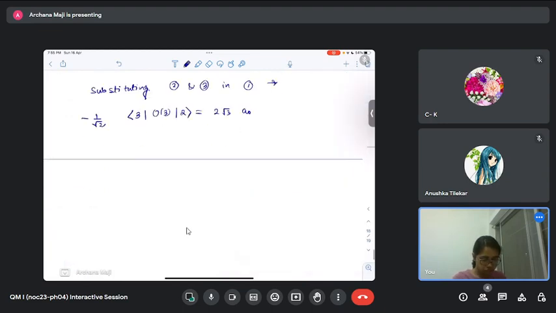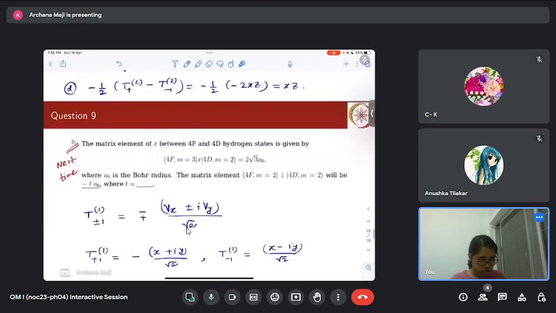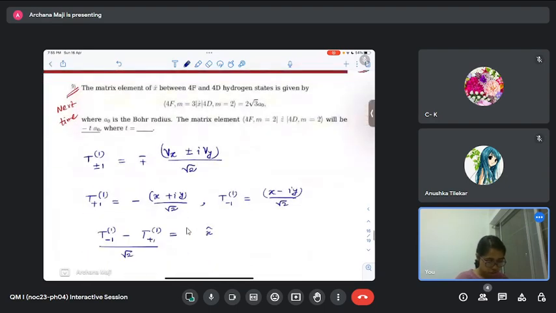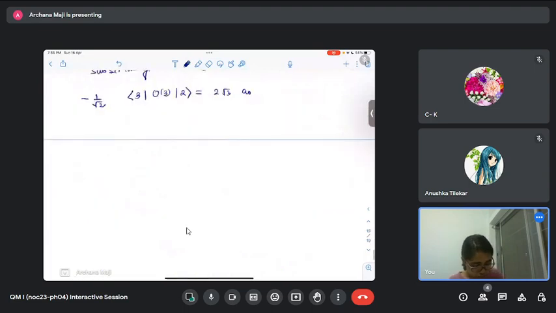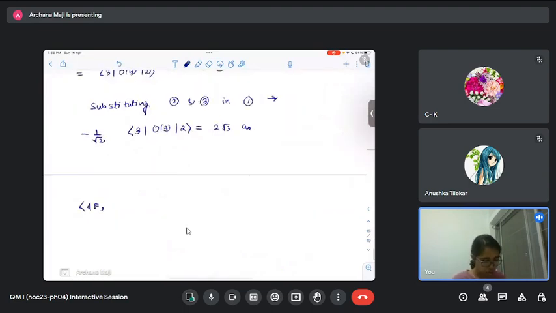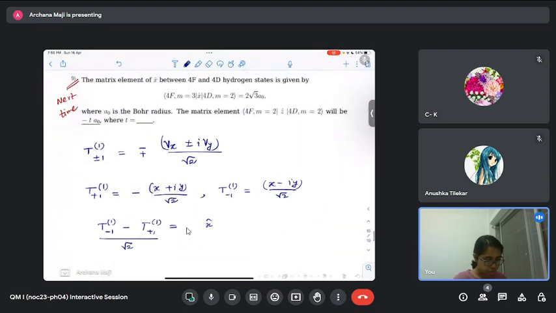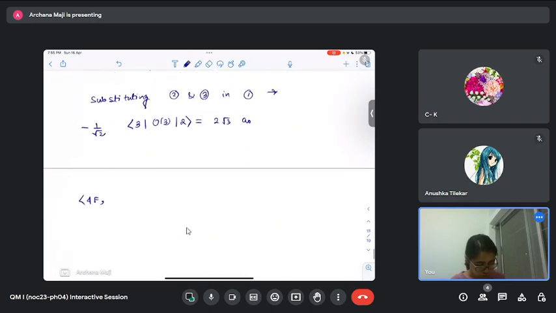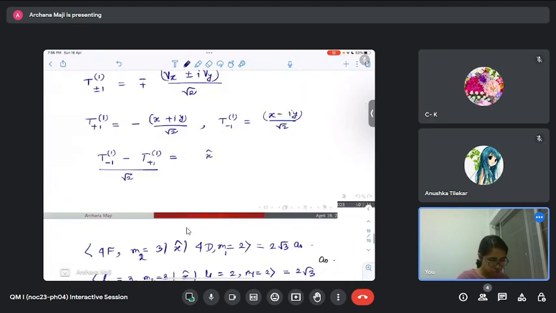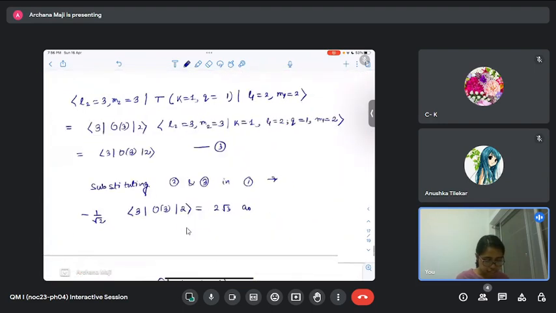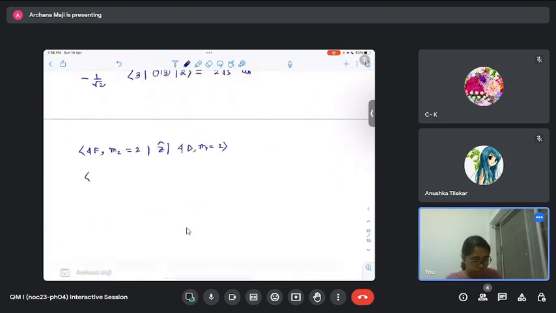And the term that we need to evaluate is this. So let's see, that is 4f comma m equal to 2, z, 4d comma m1 equal to 2, and z is what in terms of spherical tensor.